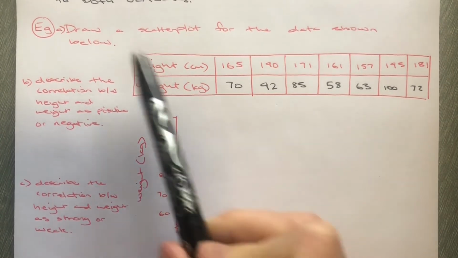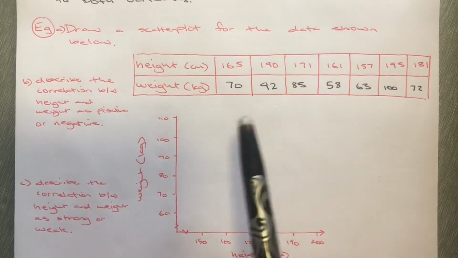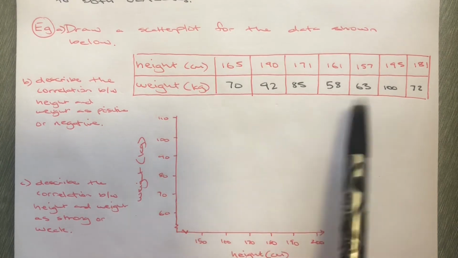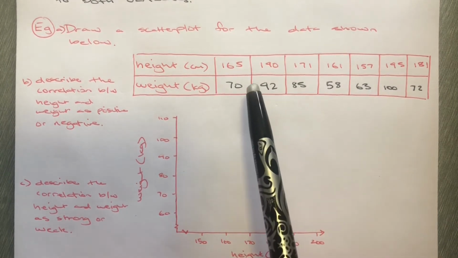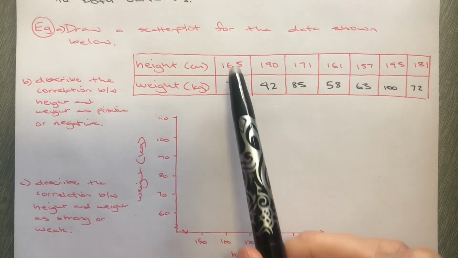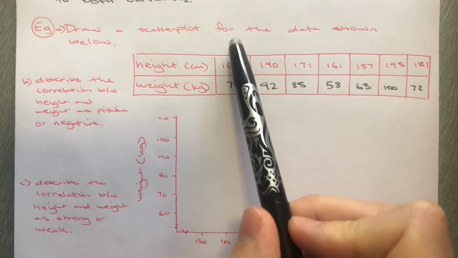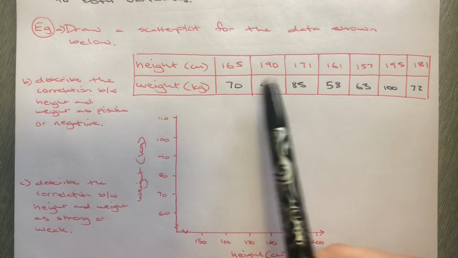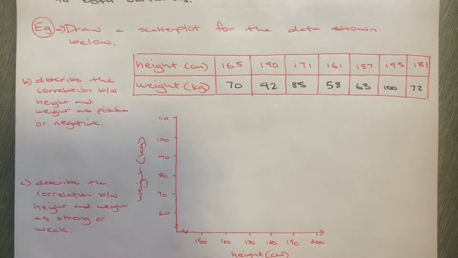Whenever you're asked to draw a scatter plot, you're given pieces of information. You've been given a table here that shows, for a few different people, their height compared to their weight. So this would be the first person, the next person, the next person, etc. We've got 7 people and their information about height and weight.